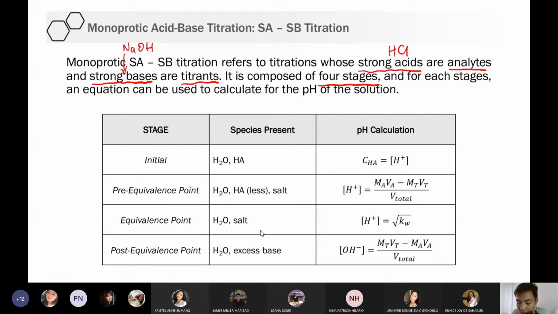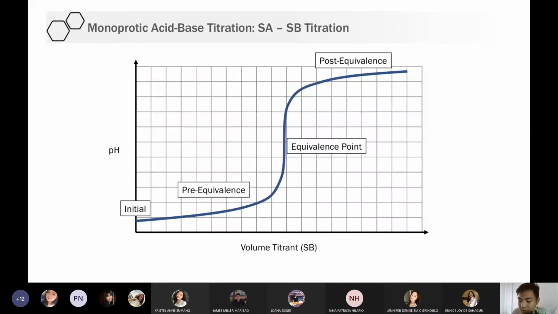Okay. So, if you graph the changes in pH when you add your titrant, this is how the curve will look like. No? So, ito yung itsura ng titration curve. No? So, at the initial pH, ito yung pH ng acid. And then, when you add the titrant, the pH will slowly increase until biglang magkakaroon ng sharp change.